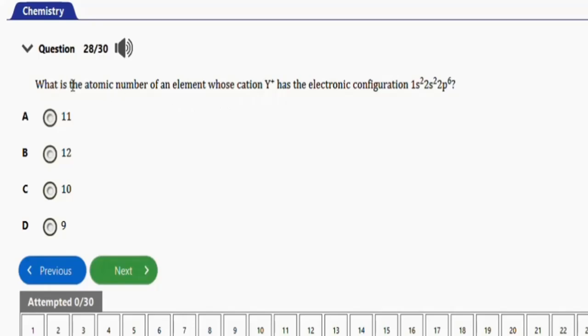The question is, what is the atomic number of the element whose cation has the electronic configuration? Okay, so this will be sodium, guys. Sodium has atomic number of 11. So when it takes part in chemical reaction, when it becomes a charged atom, it's going to lose 1 electron to attain this electronic configuration of neon. So it will be A. Okay, not 10, it will be A, guys. Sodium charged atom.